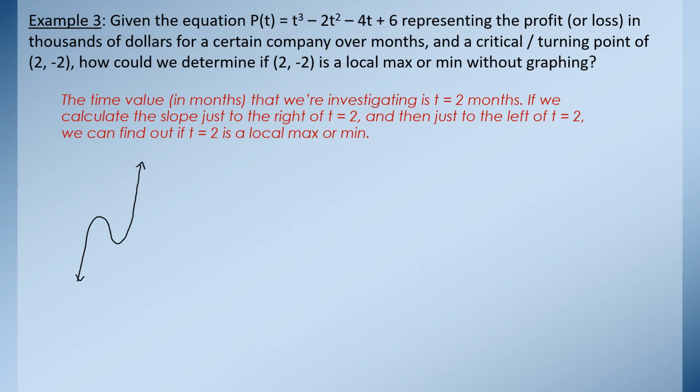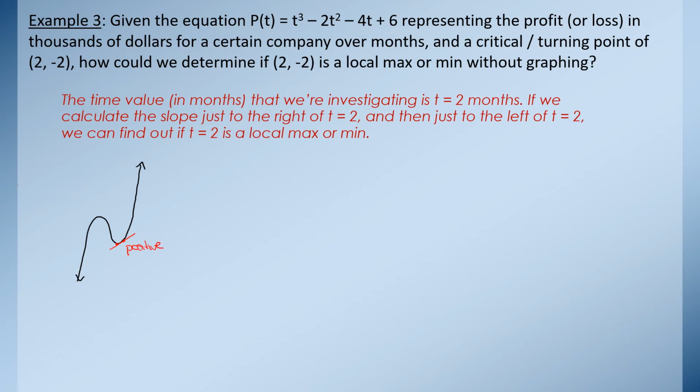What we're trying to do is, if it's a minimum, if this is my 2, -2 here, I want to calculate the slope just to the right of it. So let's say between these two red points, I calculate the slope just between these two red points here. This slope would be positive. That would be a positive slope.